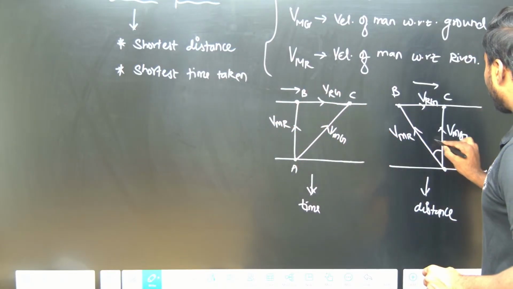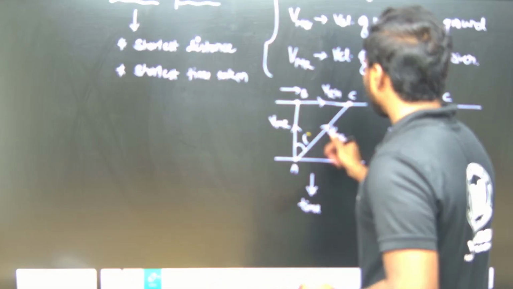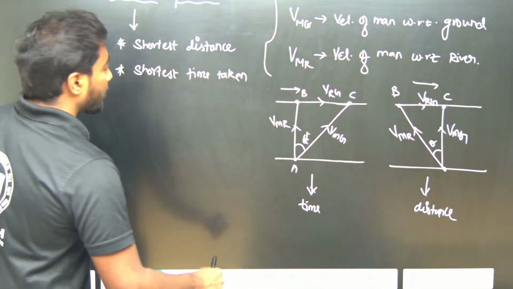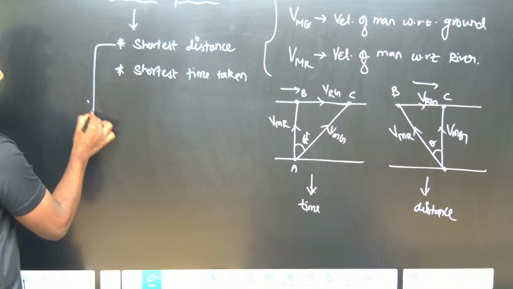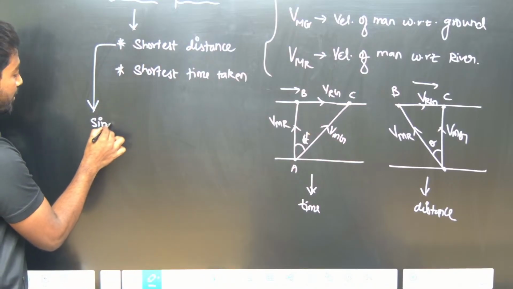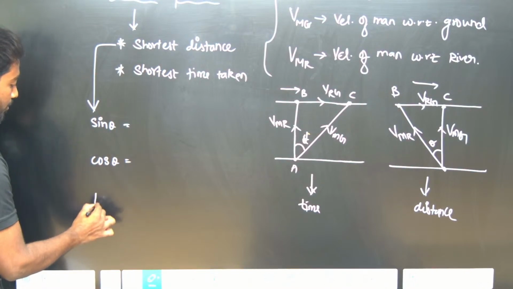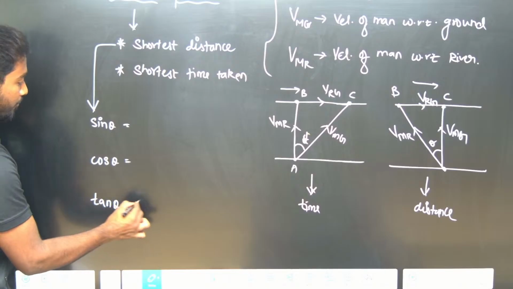Let me take this angle as theta and this angle as alpha. For the shortest distance, we write sin theta, cos theta, tan theta.